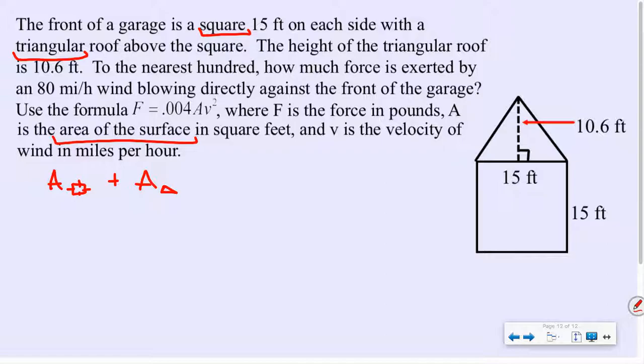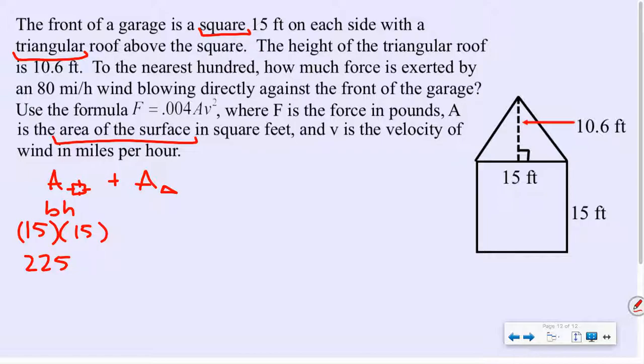Haley, how do you find the area of a square? Good. Haley, what's the base length of my square? How about its height? Good. So then we'd get an area of 225. Triangle. Cole, how do you find the area of a triangle?